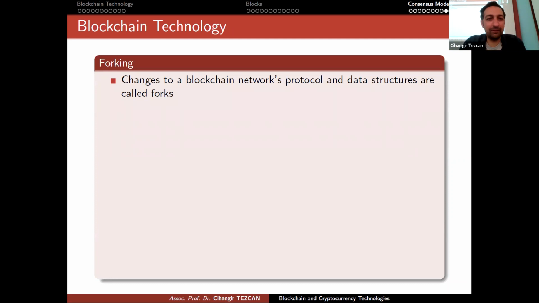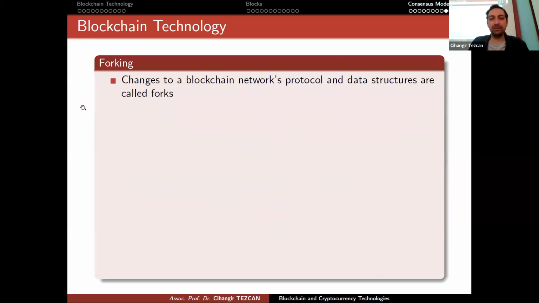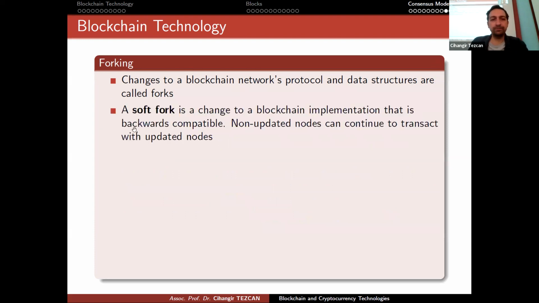So another thing to talk about now is forking. Sometimes people talk about this as forks, but this is actually a conflict. At the same time you create different versions of the blockchain, you very quickly resolve it, so it is not a fork. But there's another concept that we call forks. Changes to a blockchain network protocol and data structures are called forks, okay?